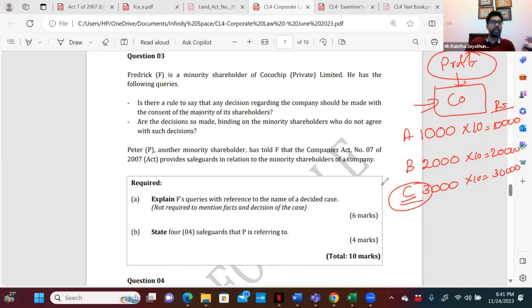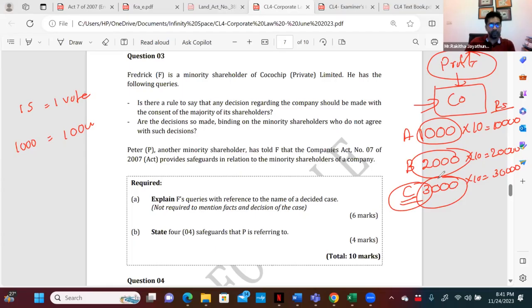These are shareholders. I told you earlier, if you have one share, you get one vote. If you have 1,000 shares, you get 1,000 votes. So he has 1,000 votes, B has 2,000 votes, and C has 3,000 votes.